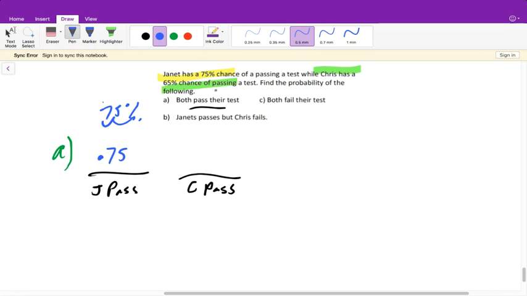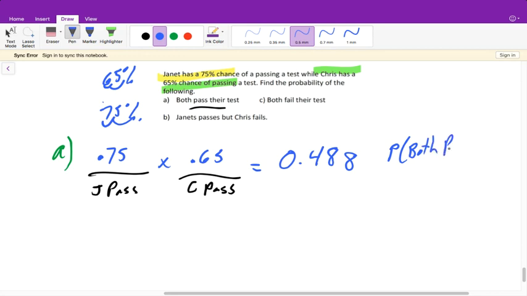And 65%, we know we can rewrite as 0.65 because that's the percentage of Chris passing. So 0.75 times 0.65, we multiply them together, so this is equal to 0.488. So then the probability of both passing is equal to 48.8%.